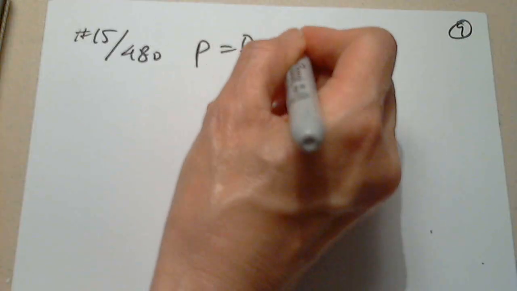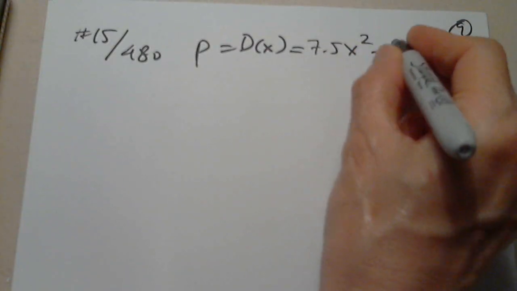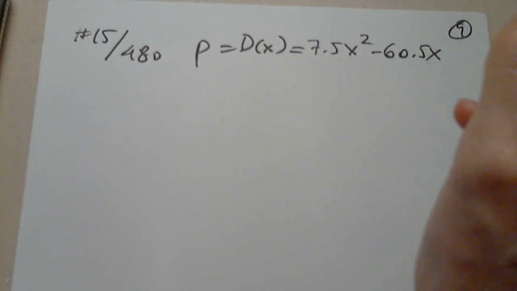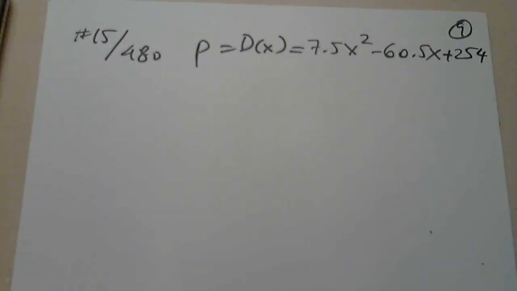So Beth enjoys skydiving and is willing to pay P dollars right here. That's the P. So this is problem 15 on page 480. The demand, in other words, is 7.5x squared minus 60.5x plus 254. Find Beth's consumer surplus if she makes 2 jumps. This is not the equilibrium point.